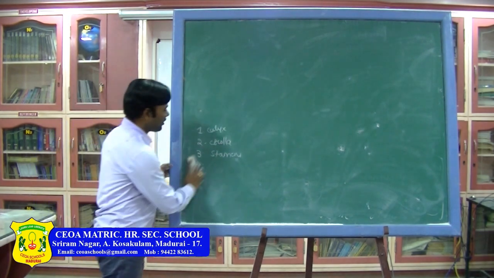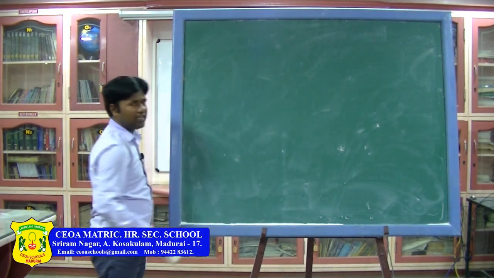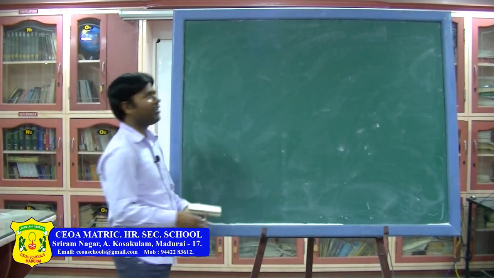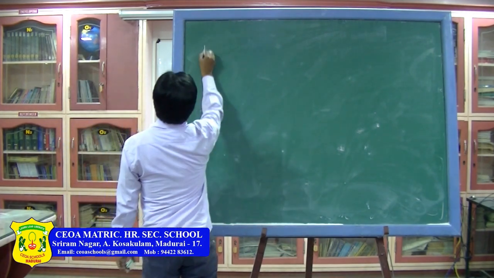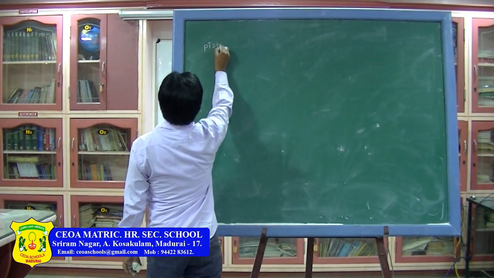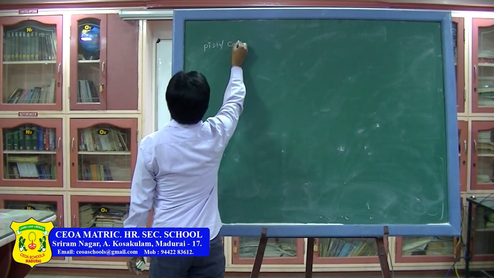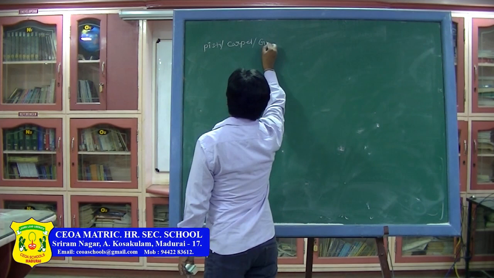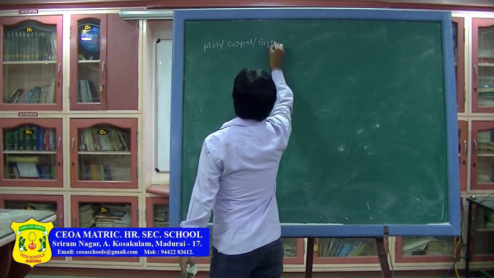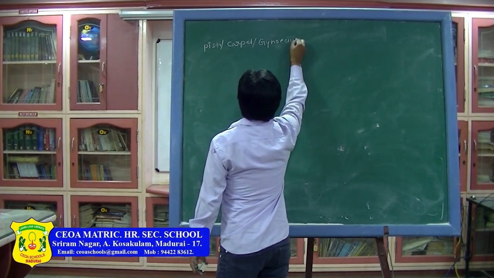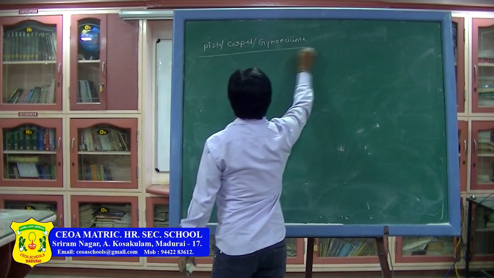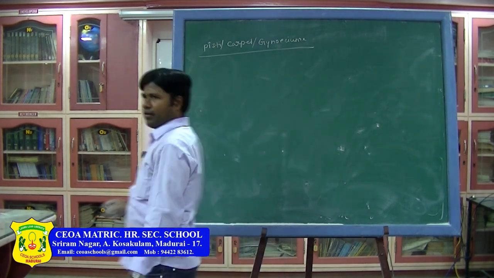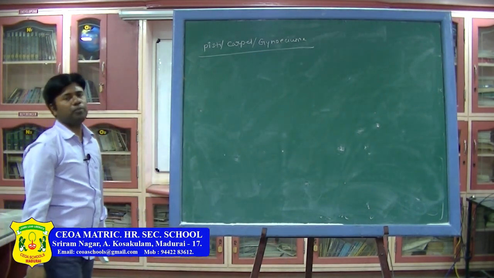Let us see the fourth whorl of a flower, which is called the gynoecium. What is that? Pistil, carpel or gynoecium, the female reproductive part of a flower.